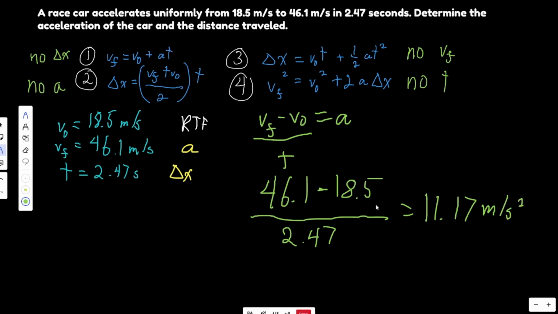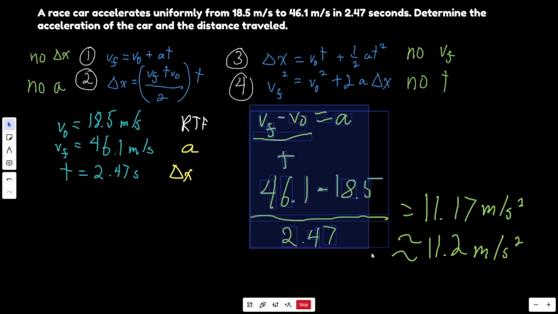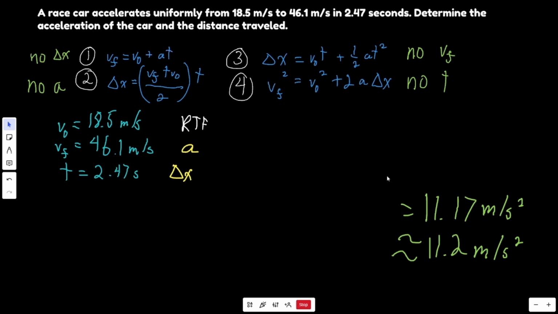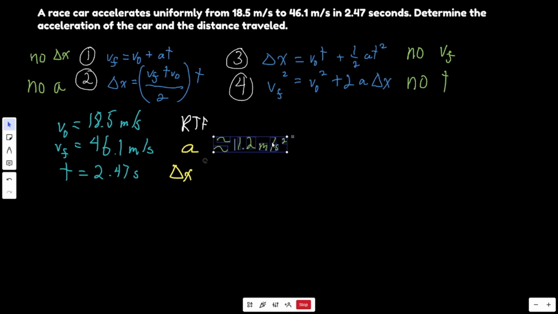Since we have 3 significant figures, we just have to round off. This is 11.2 meters per second squared. So therefore, our value for acceleration is 11.2 meters per second squared, and we got that using equation number 1. Now let's just put this up here.